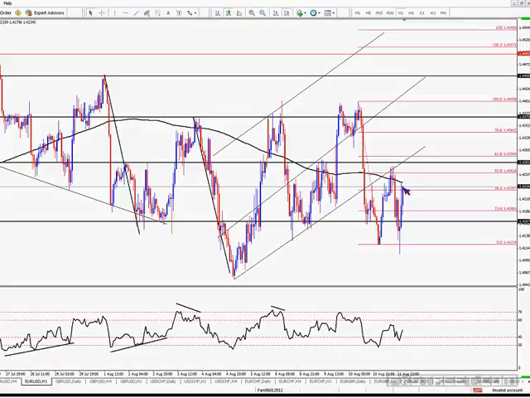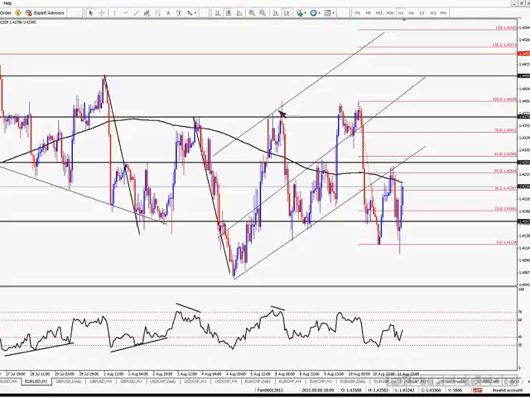Right now it's on standby mode. See if it could break 1.4280 and stay above. Actually, I want to see it break above 1.43, above the 61.8% retracement level, if I'm to anticipate a move back towards these highs here, near 1.4370, 1.44.